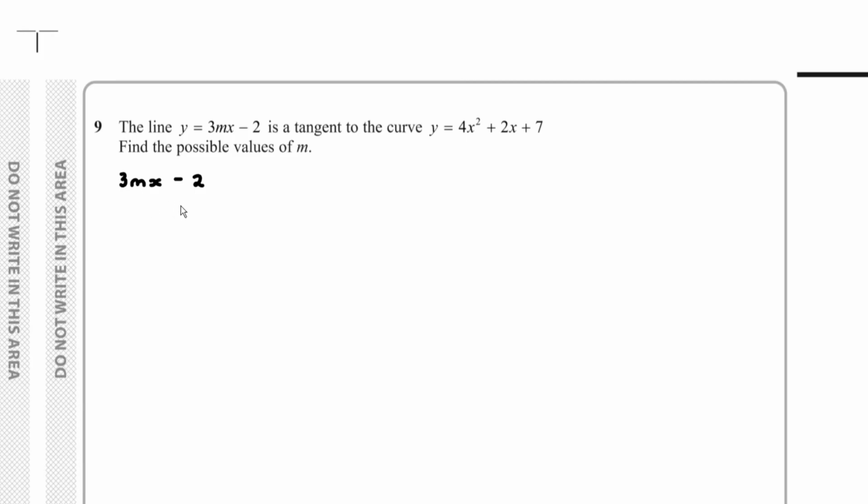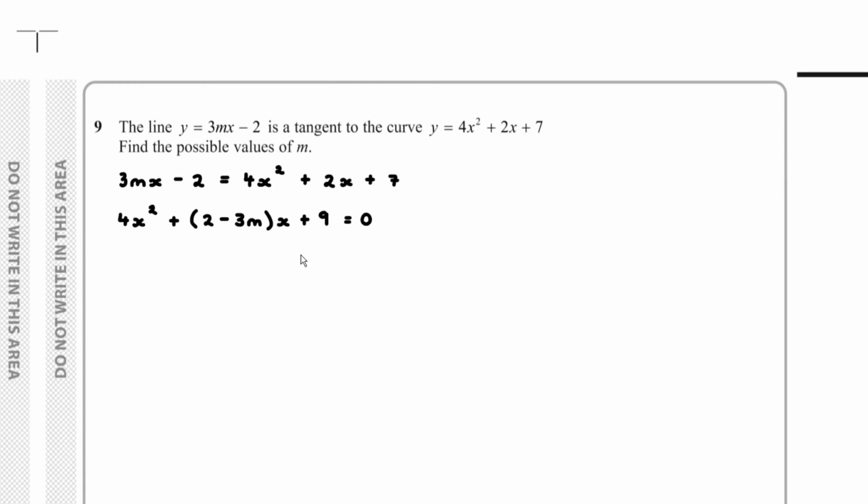So we have 3mx subtract 2 equals 4x squared plus 2x plus 7. And if we rearrange, we end up with 4x squared plus 2 subtract 3m x plus 9 equals 0.